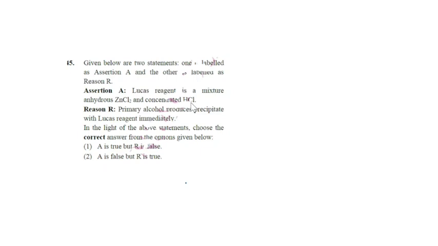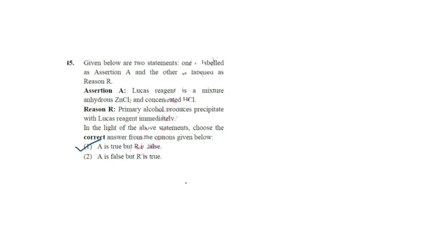If we consider the secondary alcohol, turbidity is formed in 5 minutes, whereas tertiary alcohol gives the turbidity readily, right? But they are giving the reason as primary alcohol produces precipitate with Lucas reagent immediately, which is a wrong statement. Assertion is definitely true. Lucas reagent is concentrated HCl and anhydrous ZnCl2. So the answer is A is true but R is false.